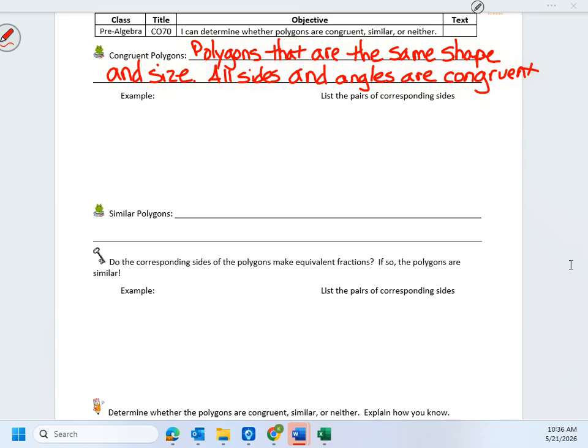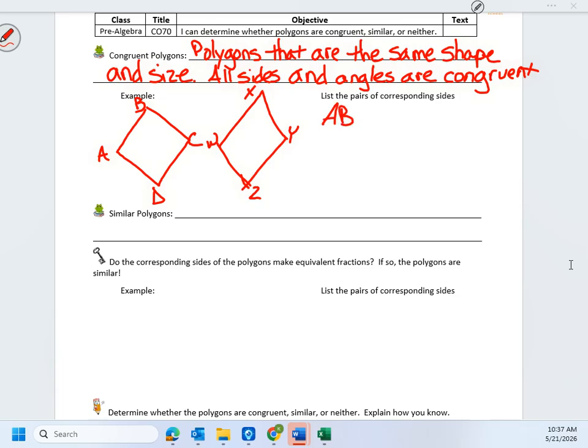An example would be if we have this polygon A, B, C, and D, and then we have this polygon that is W, X, Y, Z. I could say that AB corresponds with WX, BC corresponds with XY, CD corresponds with YZ, and DA corresponds with ZW.